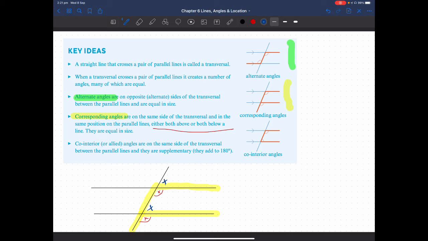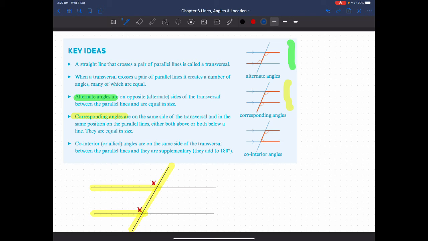Like with alternate angles, that is not the only way we can see this. We could have this situation. So we can see some corresponding angles here. Again, using red above the parallel line, here and here, those two are corresponding to each other.